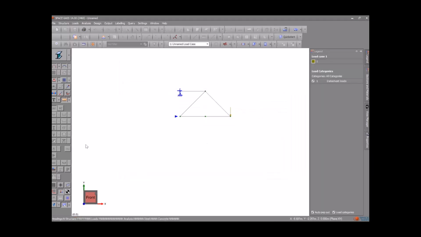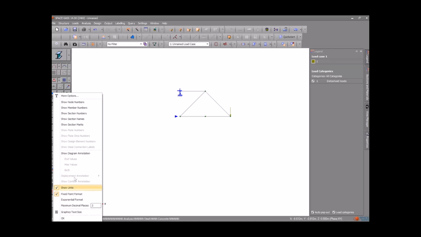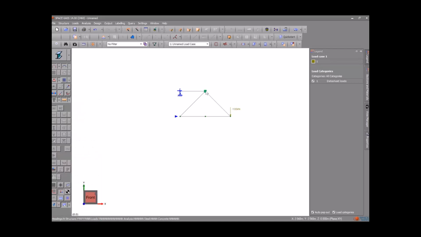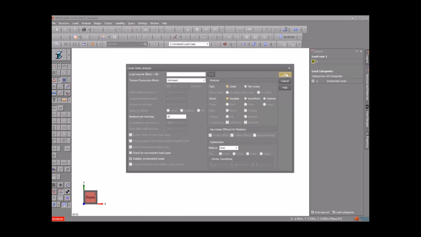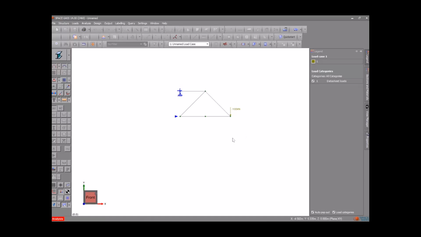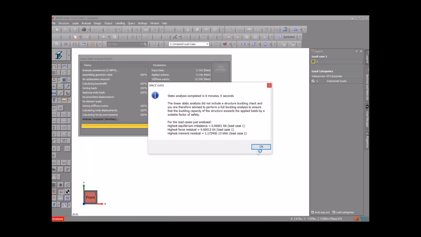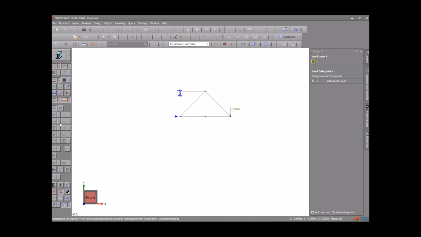Okay, hit OK. And if you want to see that load, you can see this one. So, and we need to find the displacements here. Analysis, linear static analysis. Okay. And then we want to see the displacements. I think there is something wrong.